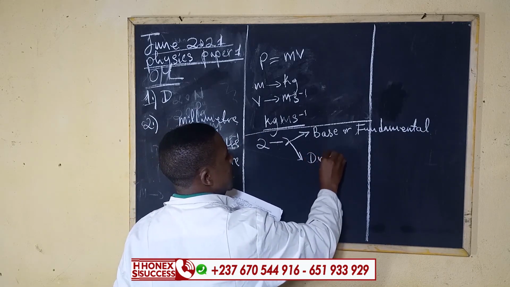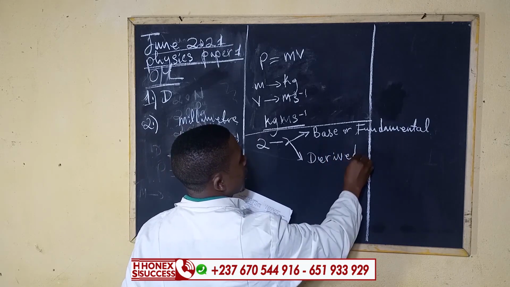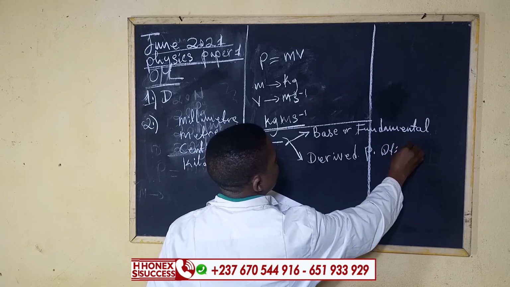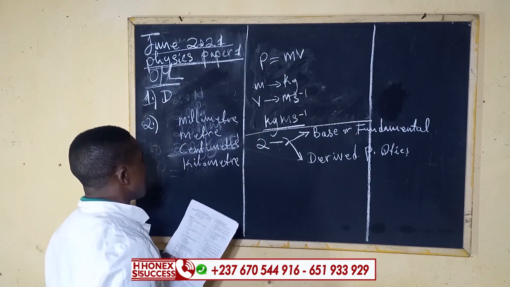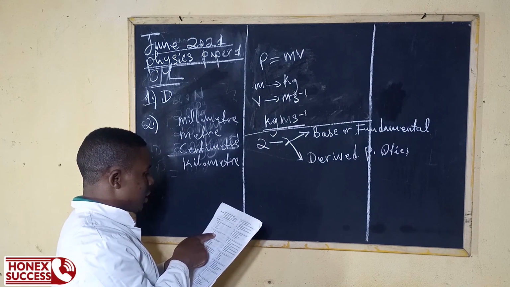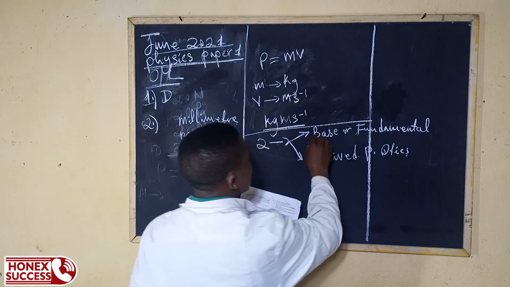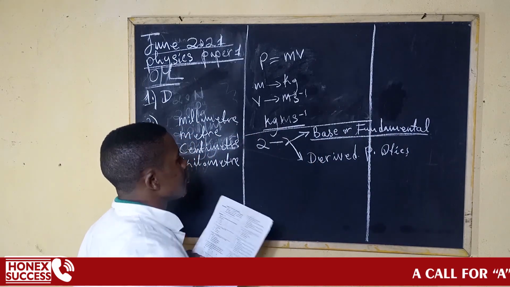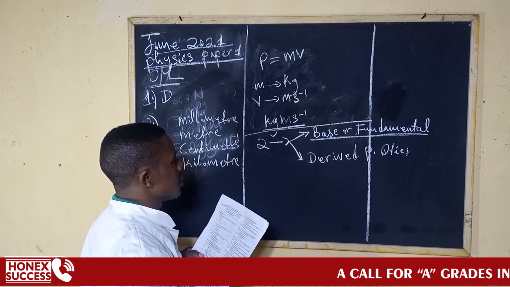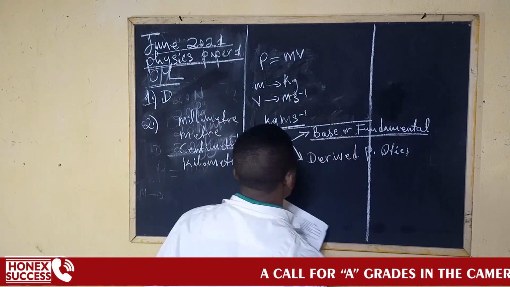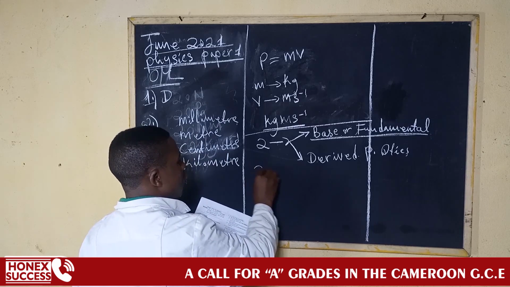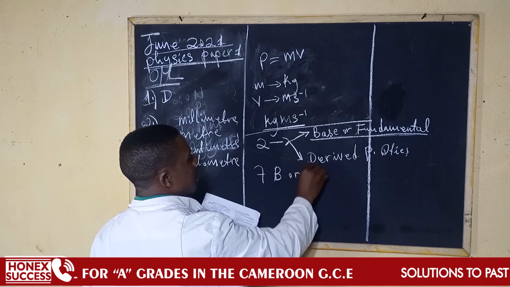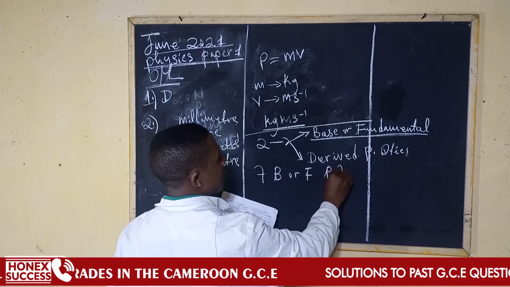Then the next type is what we call derived physical quantities. Okay, good. So length is one of the examples of base physical quantities. Under base physical quantities, we have a total number of 7 base or fundamental physical quantities.